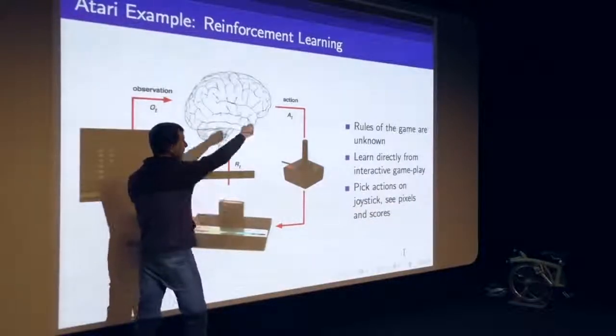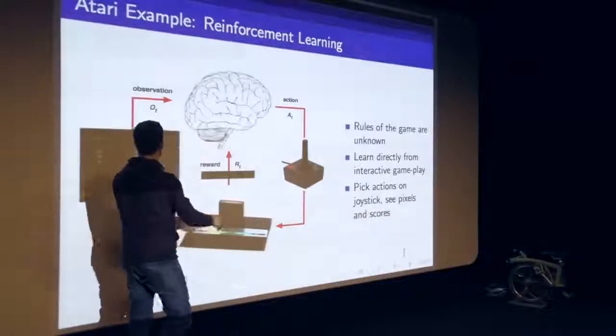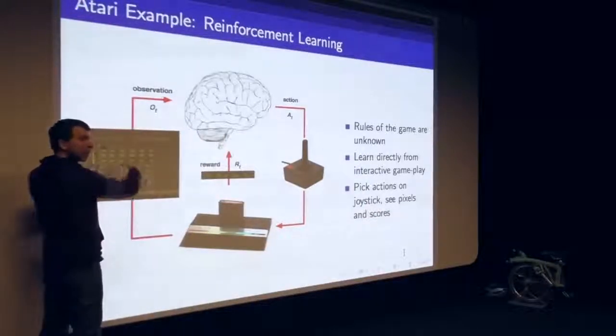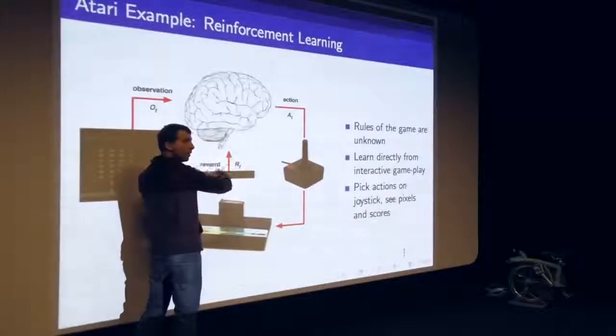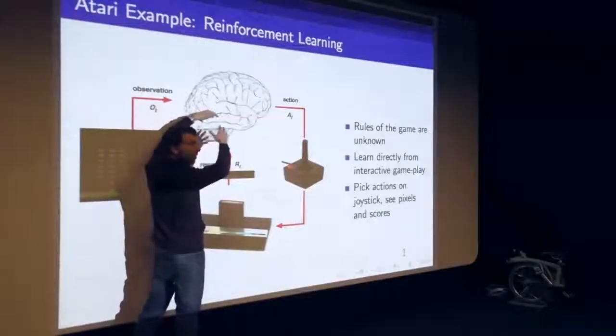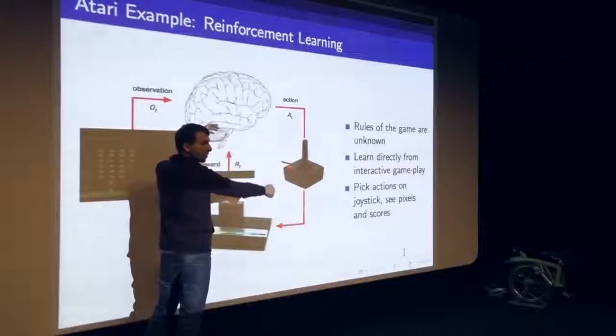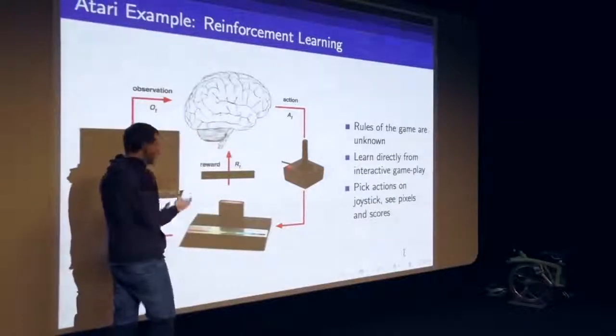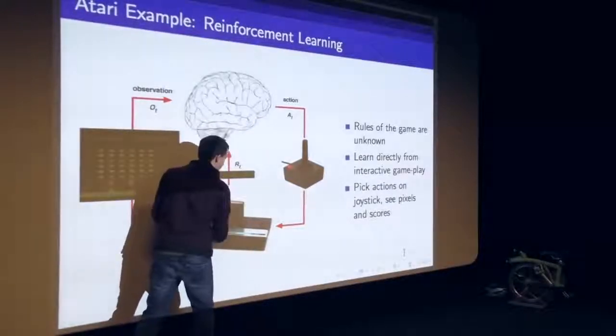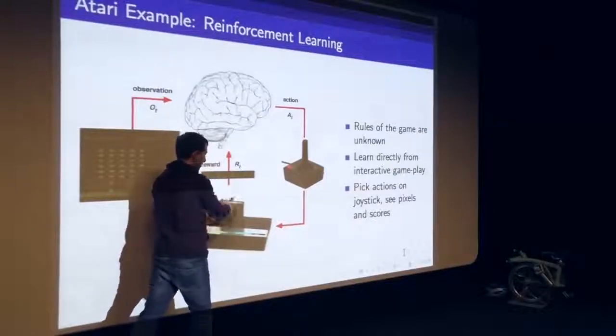But that cartridge, given the actions that we take on our joystick, will determine both what it shows on the screen and also the score. Those things are fed into the agent, and it gets to take a new action as a result. So the environment state in this case would be the set of numbers.